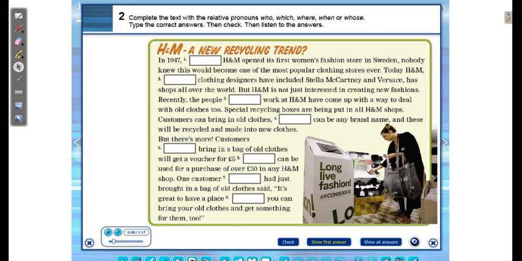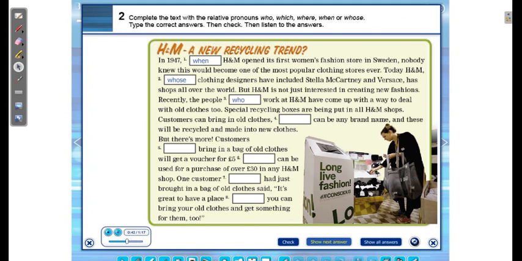H&M, a new recycling trend? In 1947, when H&M opened its first women's fashion store in Sweden, nobody knew this would become one of the most popular clothing stores ever. Today, H&M, whose clothing designers have included Stella McCartney and Versace, has shops all over the world. But H&M is not just interested in creating new fashions. Recently, the people who work at H&M have come up with a way to deal with old clothes too.